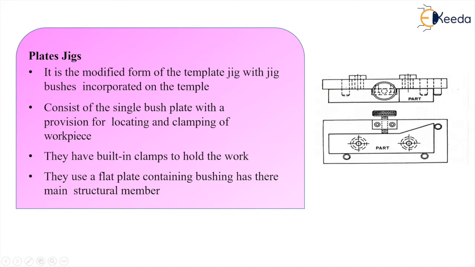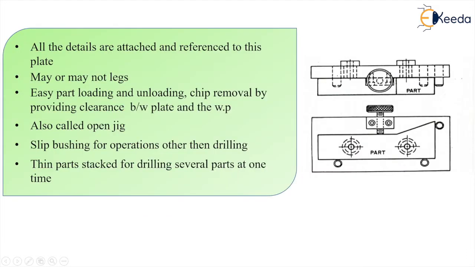They have built-in clamps to hold the workpiece. They use a flat plate containing the bushes as their main structural member. Here all the details are attached with reference to this plate.